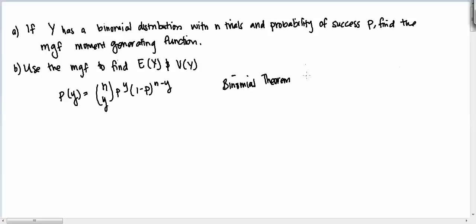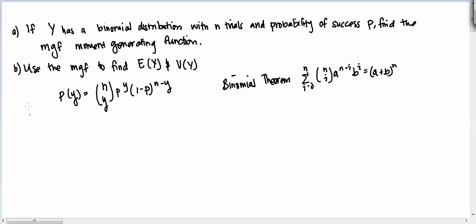If I have the summation from i equals 0 to n of n choose i, a to the n minus i, b to the i, then that's equal to a plus b to the nth power. I just wanted to make sure I didn't mix up these n's and y's, so I'm trying to keep them all separate.